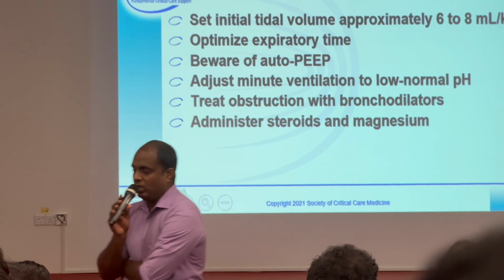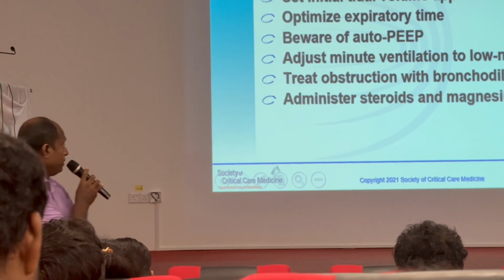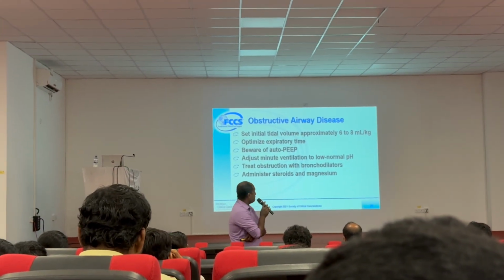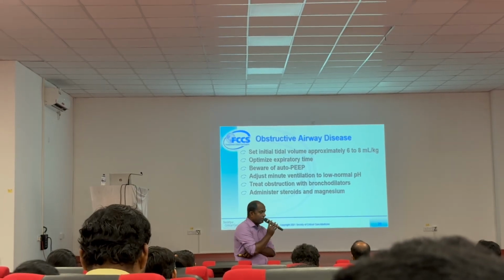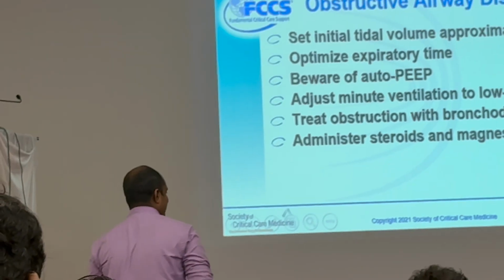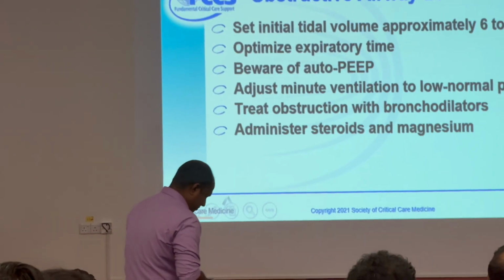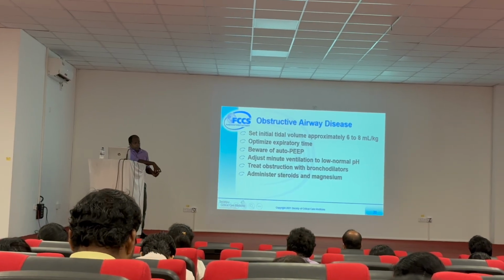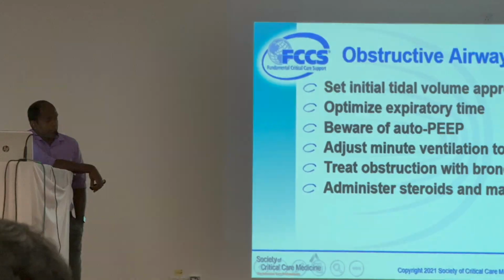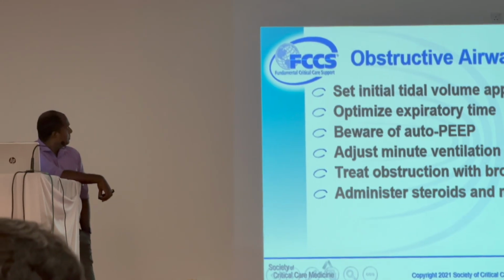Usually no. COPD, the difference is here the irreversible component for the resistance. One, small tidal volume, 6 to 8 ml per kg. Adjust the expiratory time. Again, you need to think about the auto PEEP.